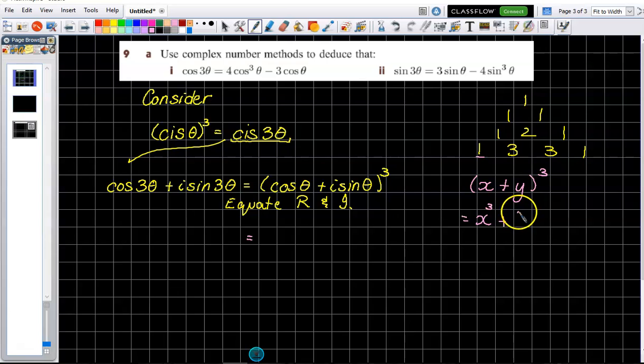Plus 3, the x loses a power, and the y gains one, but they still add up to 3. Plus 3 again, the x loses another power, but the y gains it. And then plus y cubed. Agreed? All right, so give that a crack.